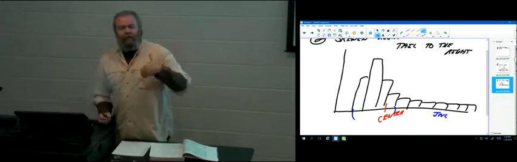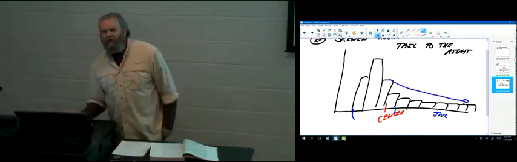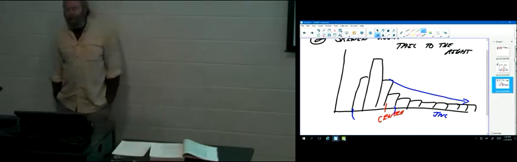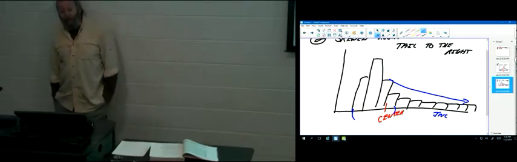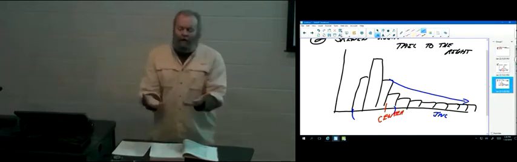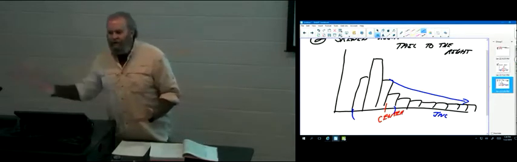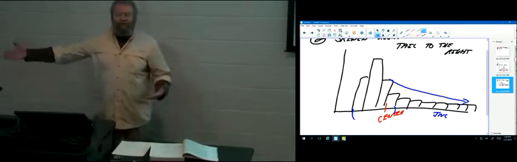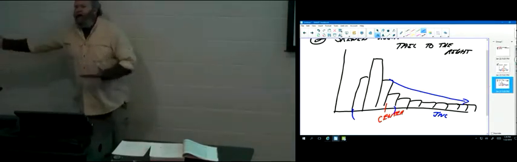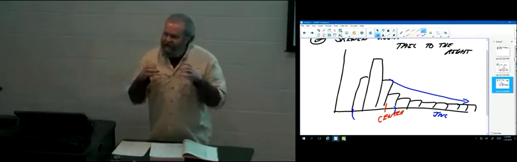What happens to the number of observations? There's fewer and fewer because you have that tail going out to the right. I'm going to scream this at you one more time. It's skewed to the right not because of where the majority of the observations is, it's because of where the tail goes. The tail goes out to the right where, as we increase, there are fewer and fewer. The majority are on the low end of the scale.